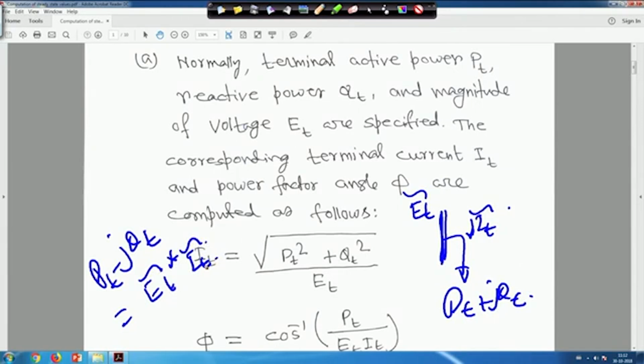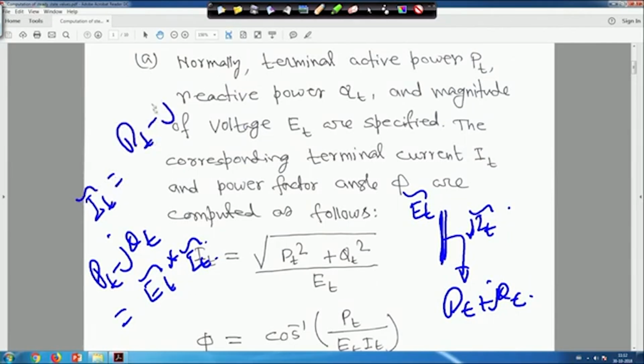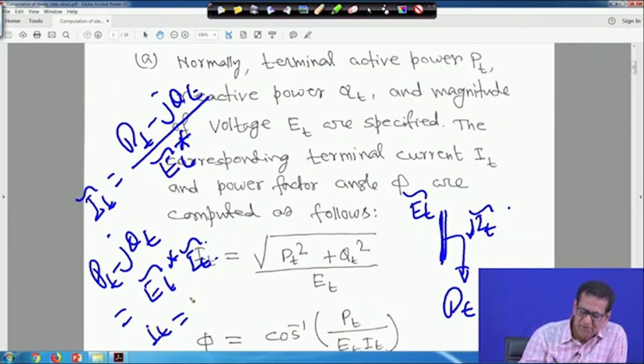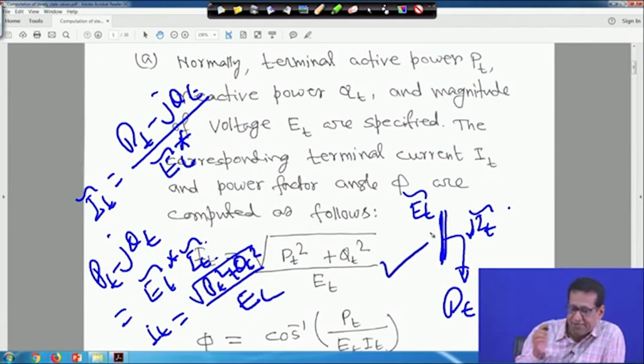So, what is the value of IT? I can write that IT is equal to Pt minus jQt divided by Et tilde conjugate, right? If you take the magnitude of this IT, then we can write IT is equal to root over Pt square plus Qt square divided by Et, that is what has been written here, right.